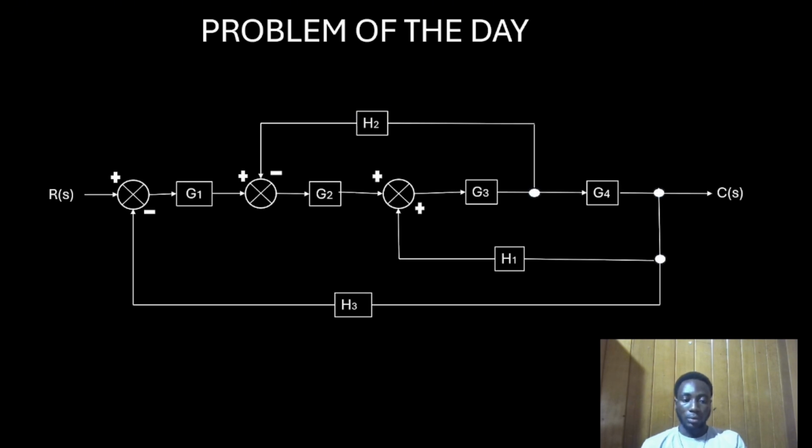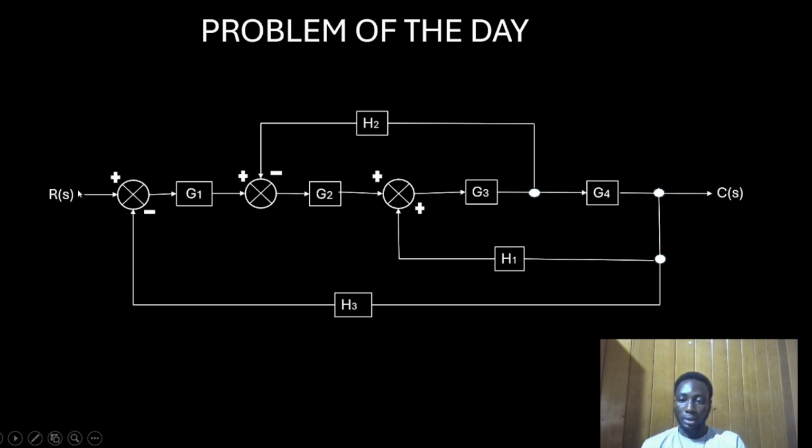So now our problem of the day over here. I want you to observe the question and see which rules can be applied to this block diagram to make it simpler and enable us to find the transfer function.